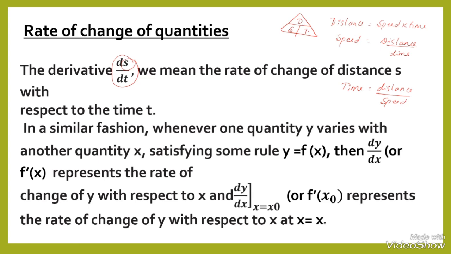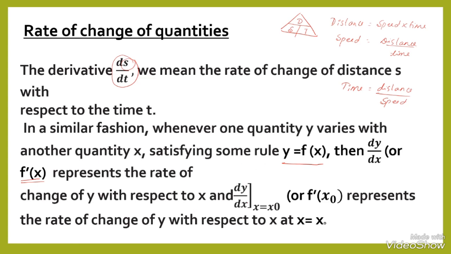I can take ds by dt. In similar fashion, whenever one quantity y varies with another quantity x, satisfying some rule, that is, the given function is of the form y equals f of x, then it varies with respect to x, and we have dy by dx, or sometimes we represent it as f dash of x. This dy by dx represents the rate of change of y with respect to x.